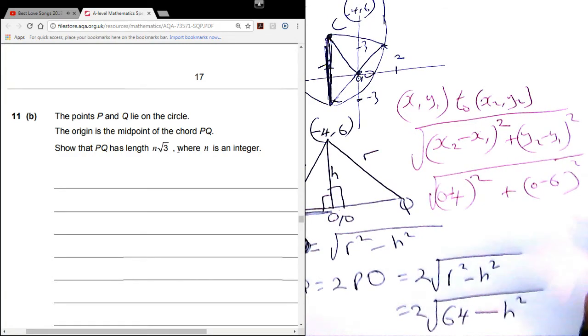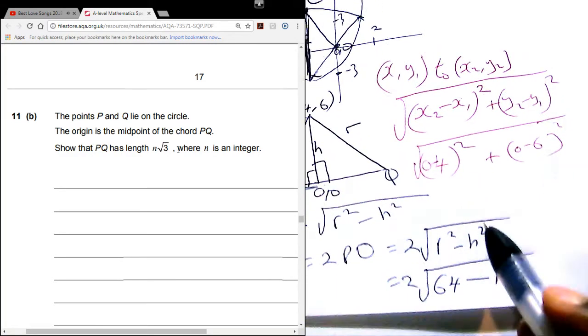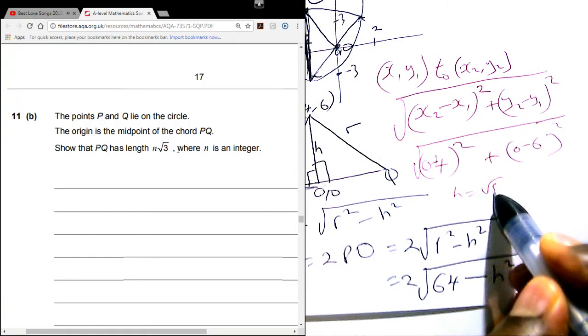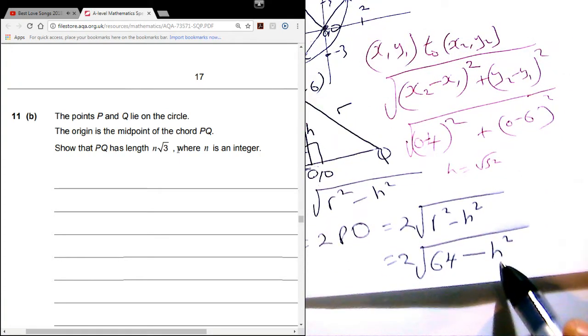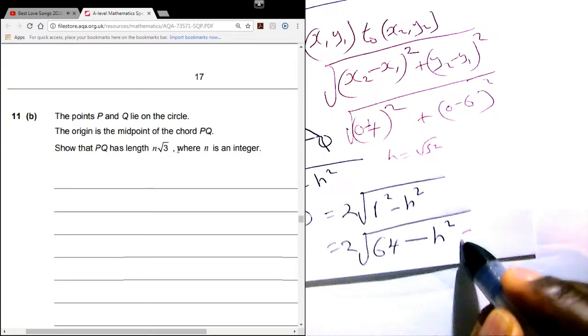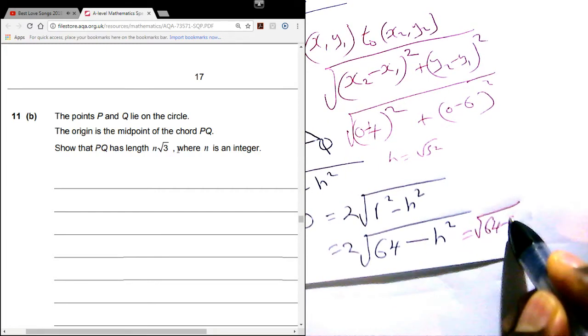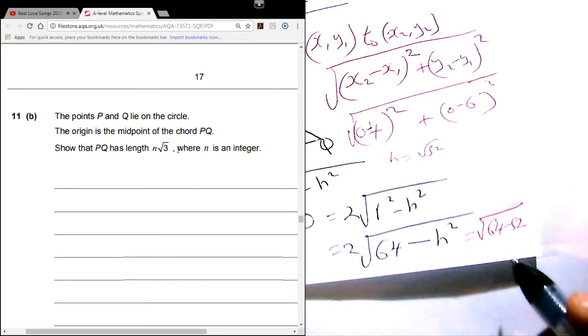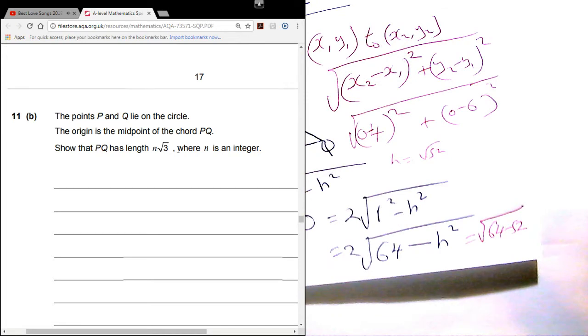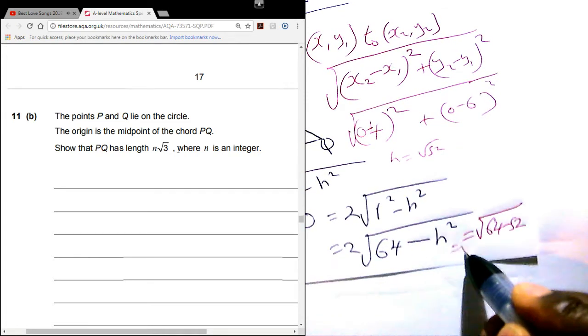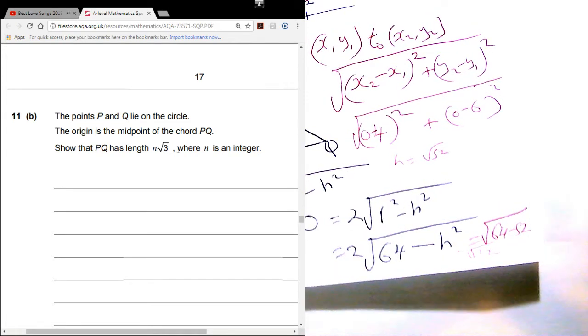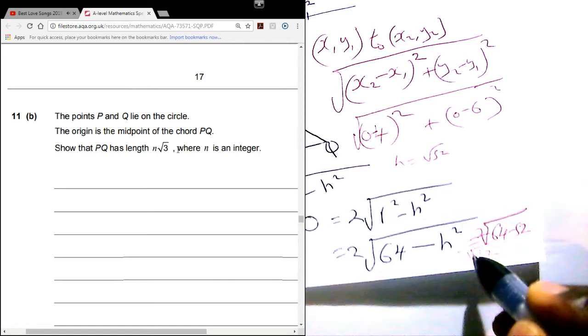So H is actually the square root of 52, so H squared is just 52. This now means square root of 64 minus 52, and 64 minus 52 is 12. So this is square root of 12. So PQ is 2 root 12.